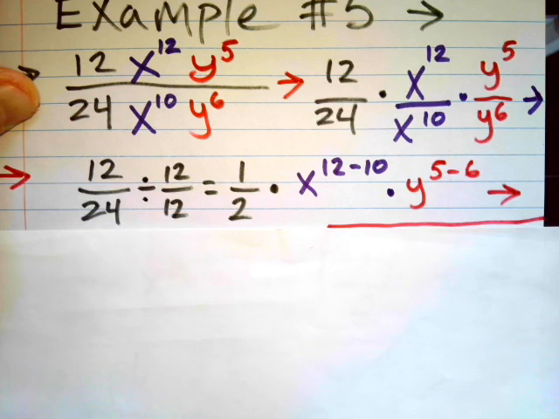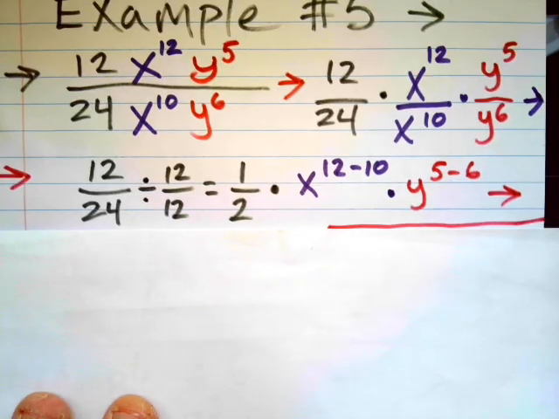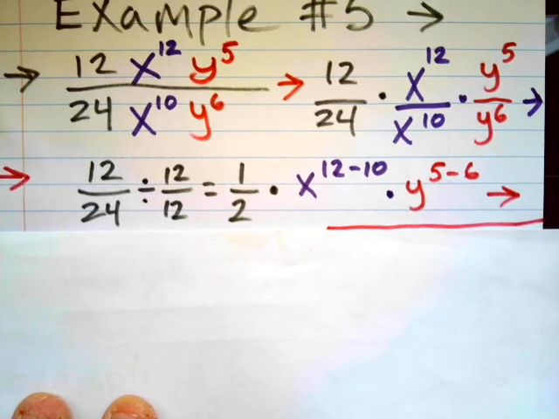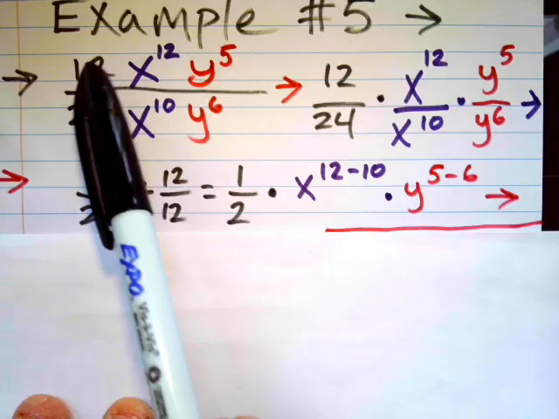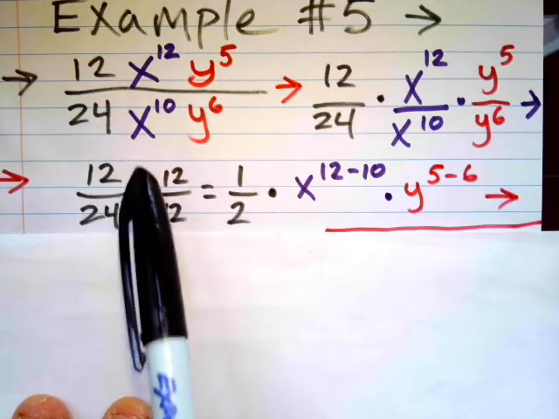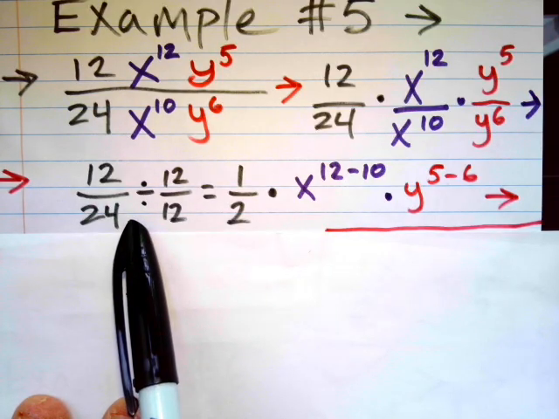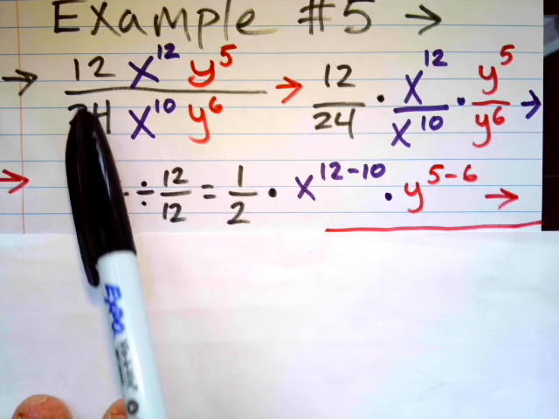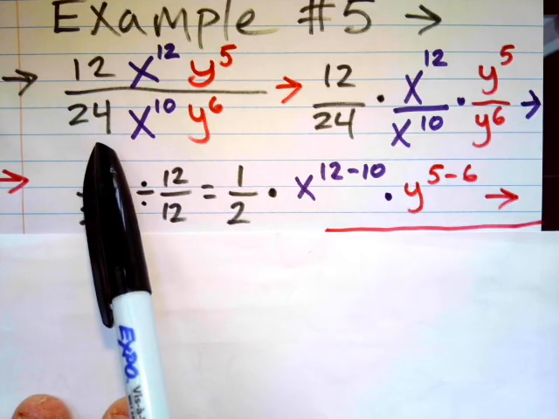So I'm showing you how you don't have to use the expanded form if you understand that 12 divided by 24 can be reduced by dividing 12 into top and bottom.